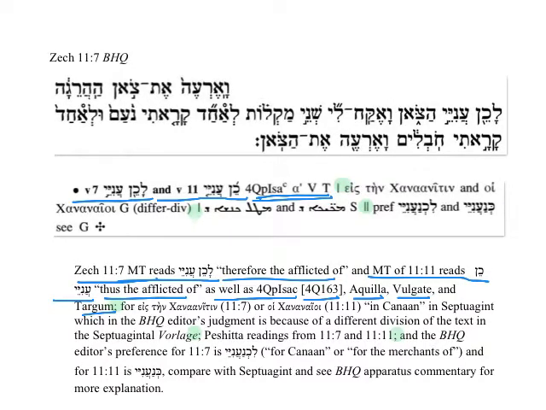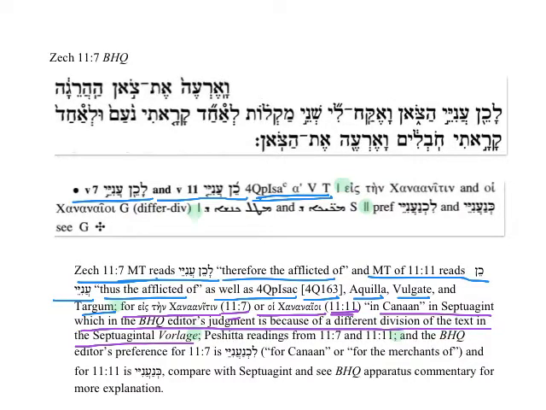Then the next note reads, for the reading in Canaan, or the Canaanites, in verse 7 and verse 11 in the Septuagint, which the editor of the BHQ, his judgment is that this is because the division of the text is different in the Septuagintal Vorlage.